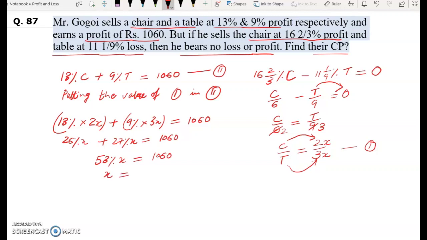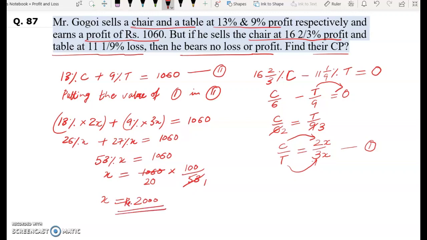So x will be how much? 1060 divided by 53%. This will be into 100 will go up, 53. Now 53 into 1 is 53. 53 into 2 is 106. This will be 20. So the value of x is how much? 2000 with the zeros. X is rupees 2000.